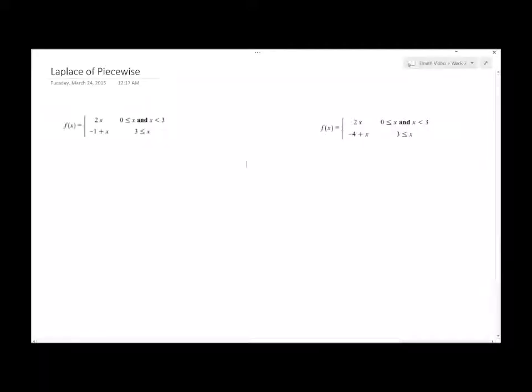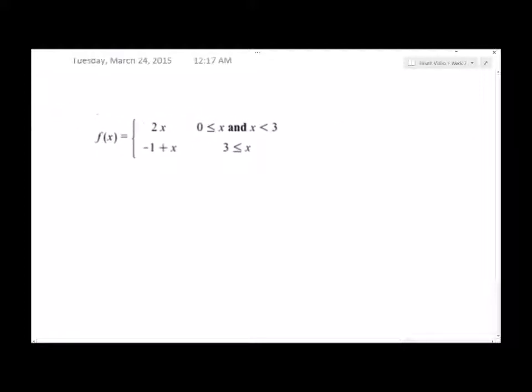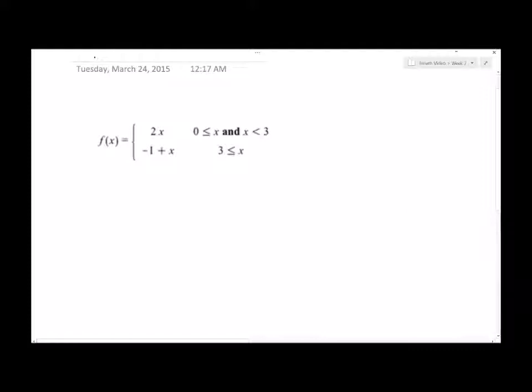So a piecewise function is any function that has more than one part to it, where different bounds and different equations are what matter. And what we'll see here is, well, there's a way to do these. So first you need to memorize something.